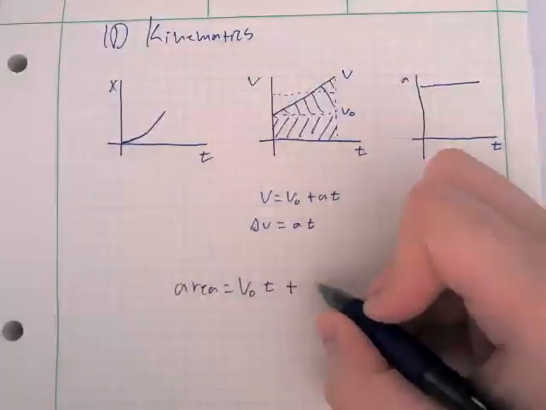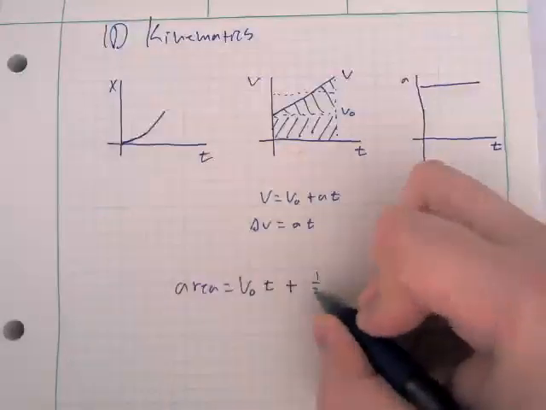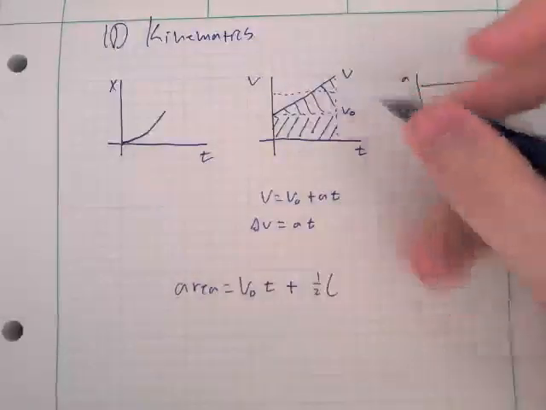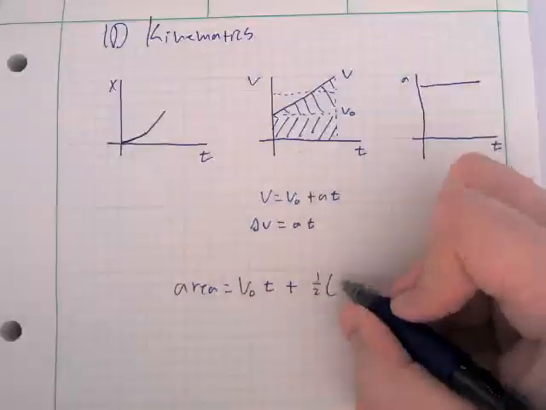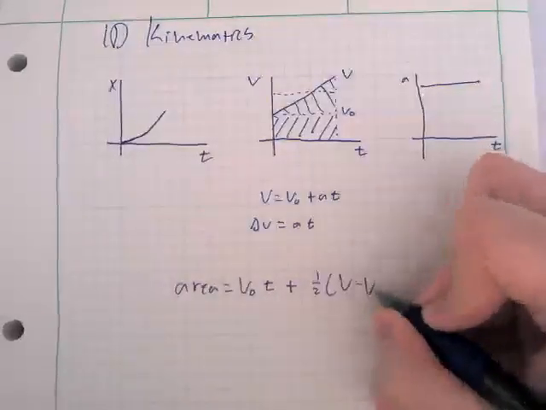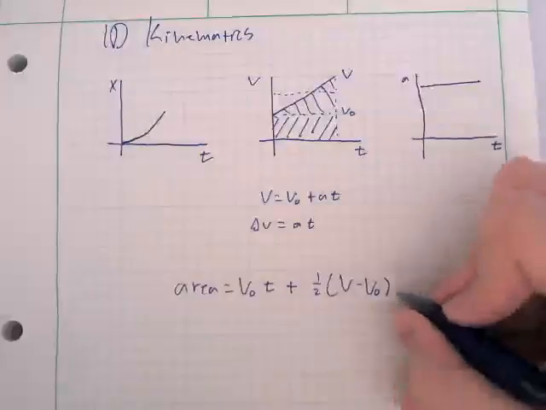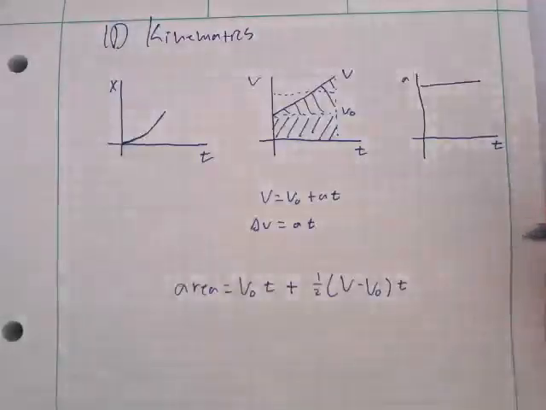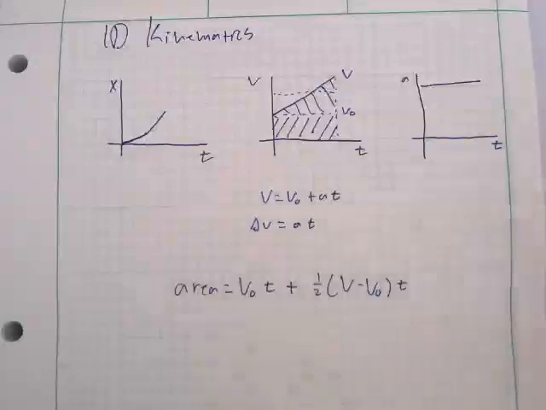Sorry, the area of the triangle. I already did the rectangle. The area of the triangle is going to be 1/2 of the difference V minus V naught times T. So now this is kind of a big complicated mess that we seem to have here, right? But we can, sure enough, get back to what we want. We can get to a nice simple formula here.